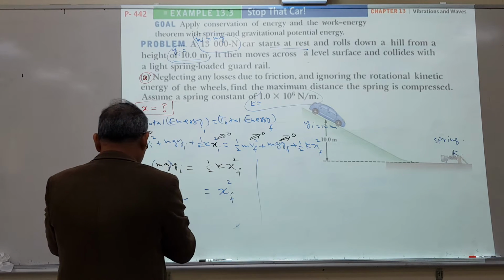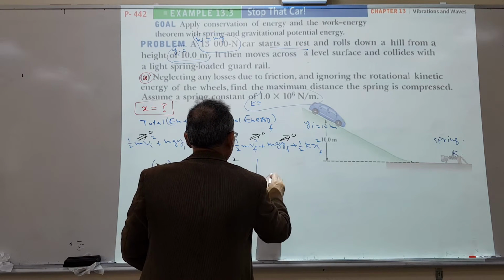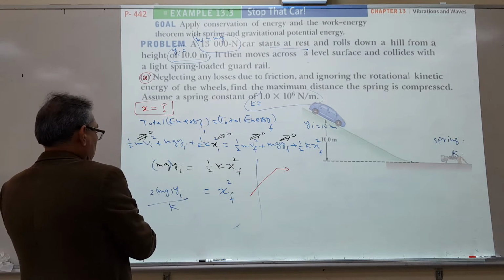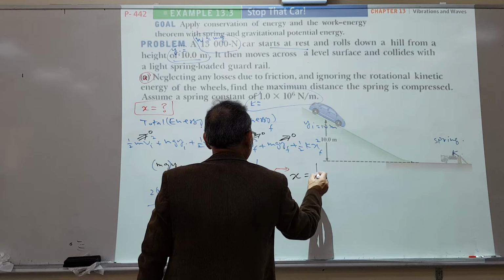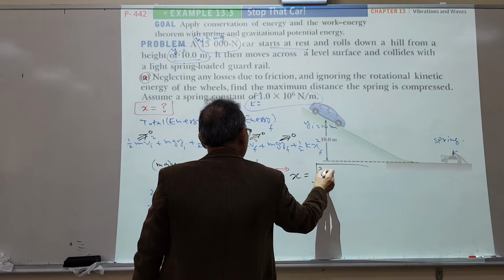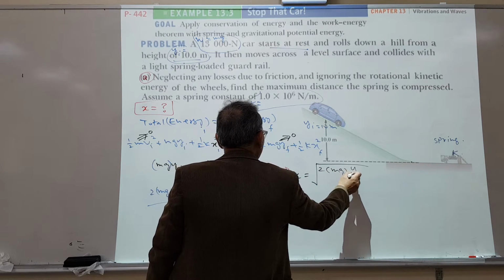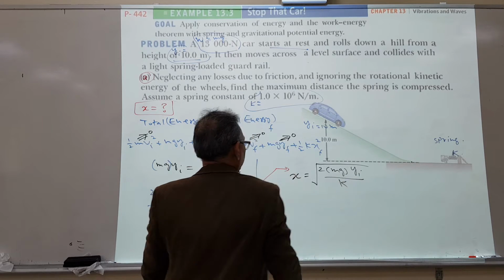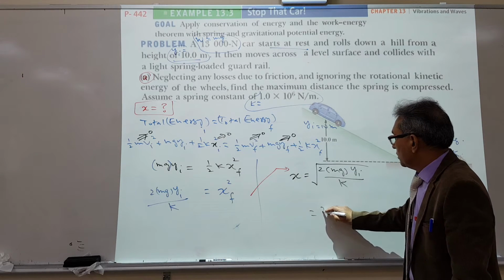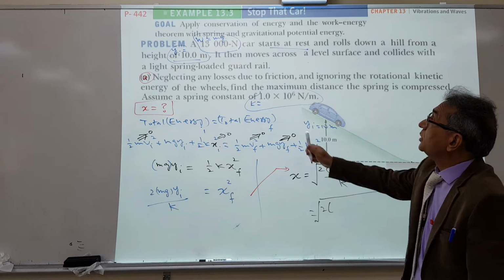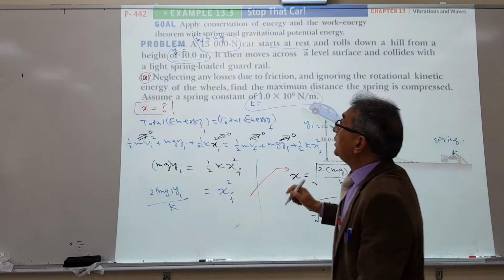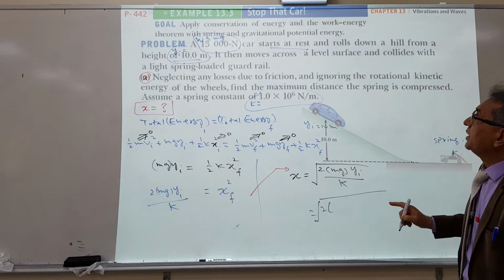So x will become the square root of 2 mg yi over k. 2 mg, how much? Don't make the mistake of multiplying again with 9.8.